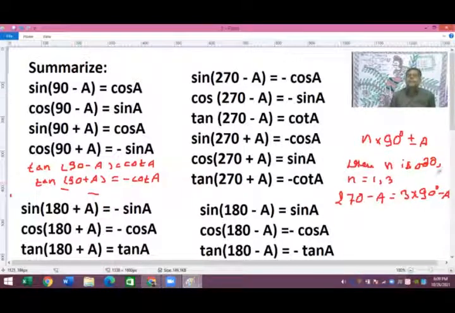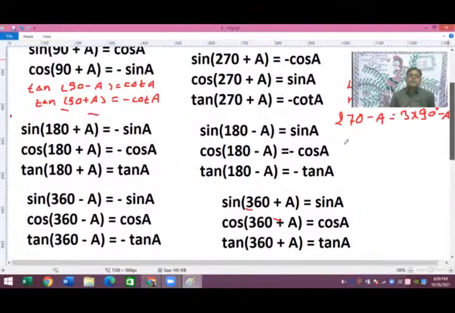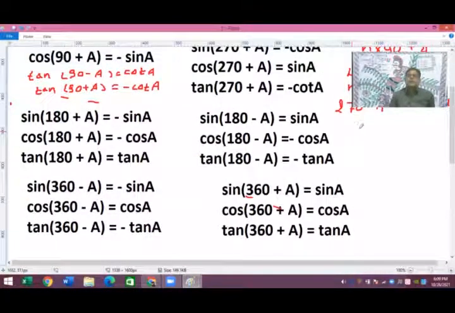Okay, and next you can see at this point again we check for n times 90 degrees plus minus of angle A, and when n is even number, even number means n can be like 2 and 4 for example.